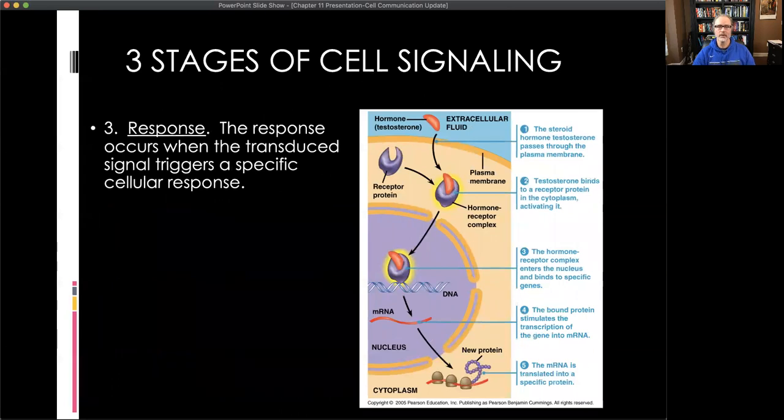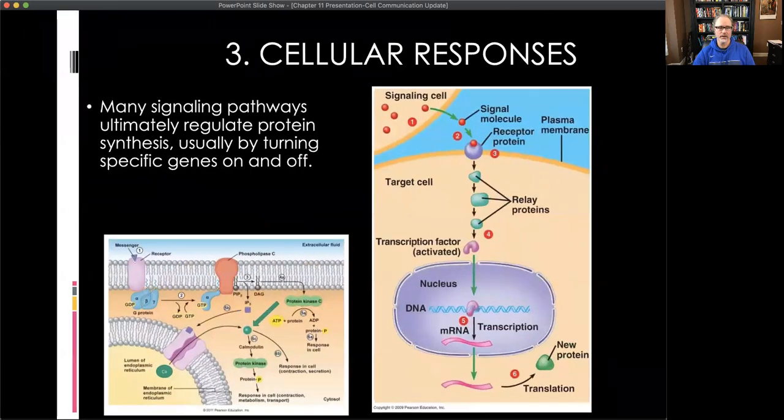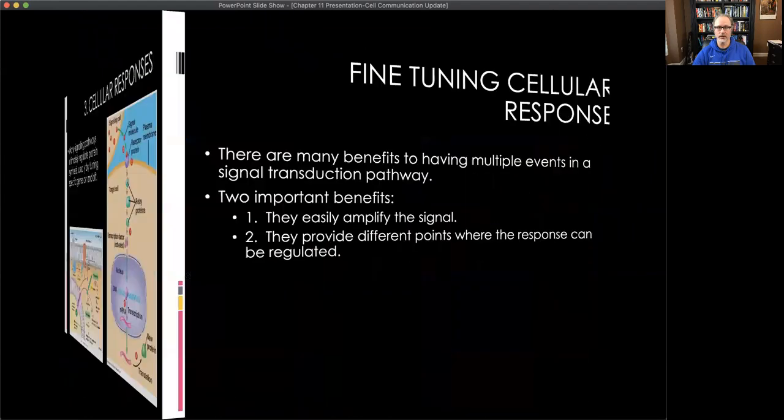Okay, so now in terms of the response, these are the things that we've been sprinkling in all throughout: the expression of the genes, the release of the neurotransmitter, the greening of the plant, et cetera. The takeaway here is that these cellular responses are the way in which we turn the genes on and off inside of the cell using this signaling molecule.